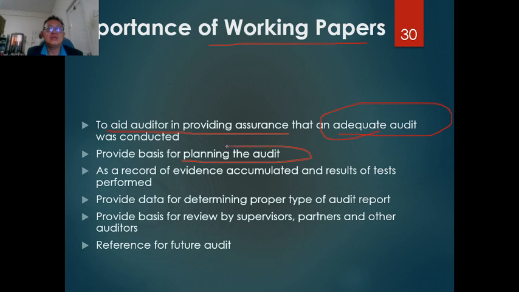It is used as a record of evidence accumulated, and can be used as data to determine the type of audit report that you are going to issue. Sometimes supervisors or partners of auditors use it to review the work of the auditors. And what is important, if you are going to re-audit the company in future, you can use this working paper as the reference for future audits.